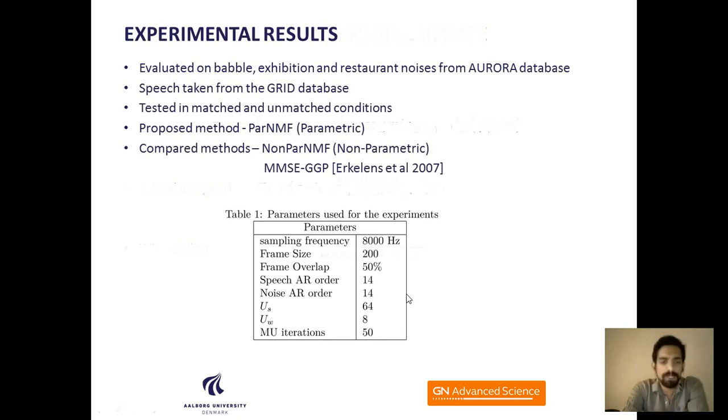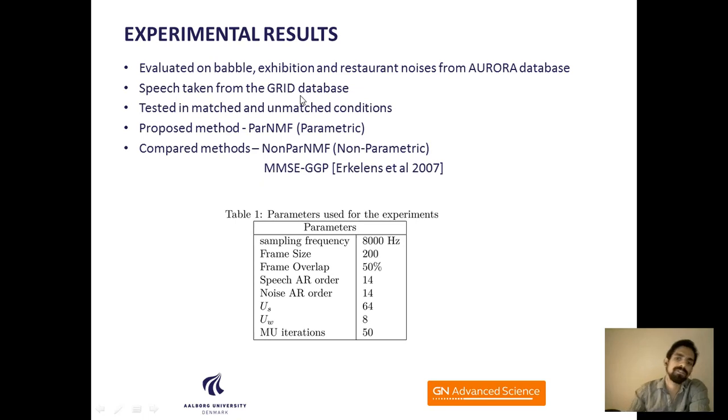So moving into the experiments, we have evaluated our proposed system in some of the typically encountered background noises, that is the babble, exhibition, and restaurant noise taken from the Aurora database, and the speech has been taken from the GRID database. And we have evaluated our proposed system both in matched and unmatched conditions.